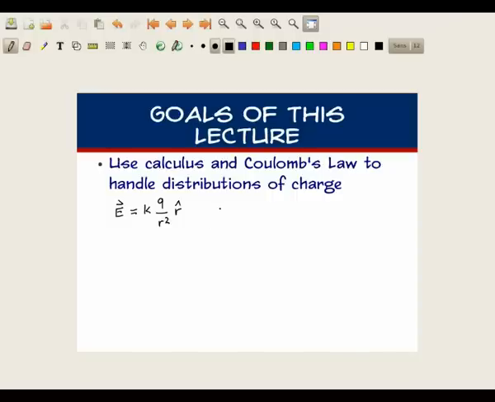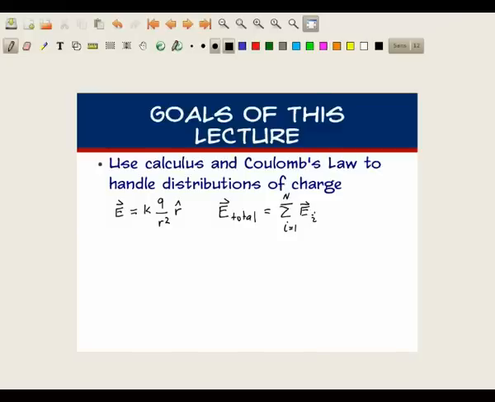If you have multiple charges, then the total electric field is obtained simply from the sum of the individual electric fields. So let's give each charge an index i, and we'll sum over the charges from i equals 1 to n, where n is some finite number of charges.